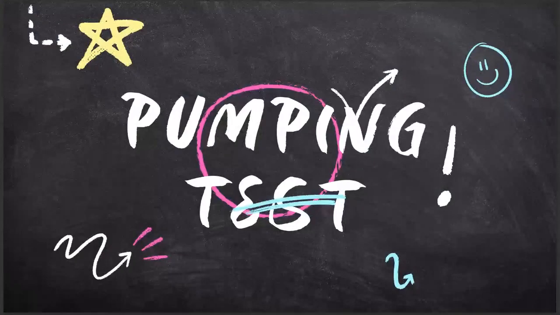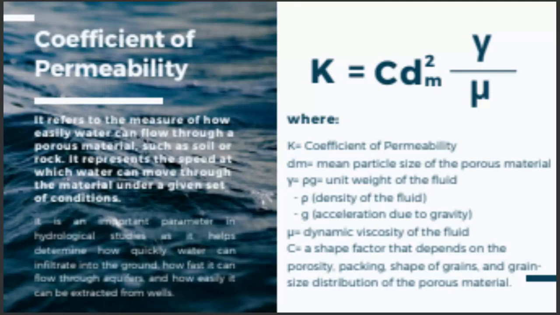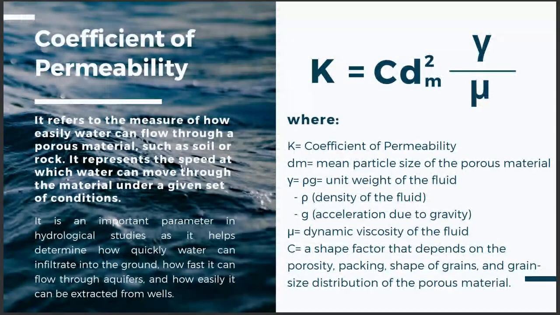Next, we have here the coefficient of permeability, that is K. The formula is C d squared gamma over mu. C depends on the shape factor. D is the particle size of the porous material, the average size. Gamma is the unit weight, whose value we know, and then mu is the dynamic viscosity.